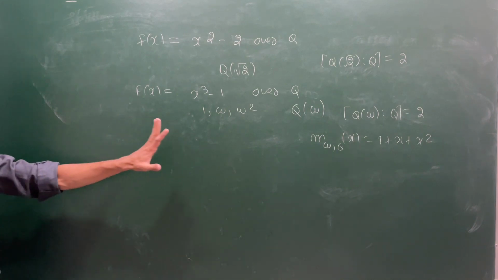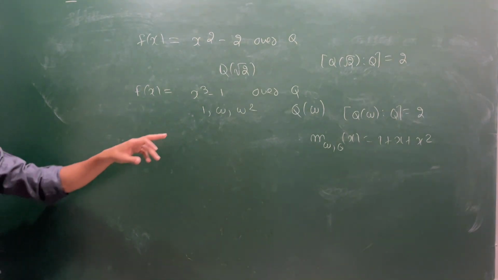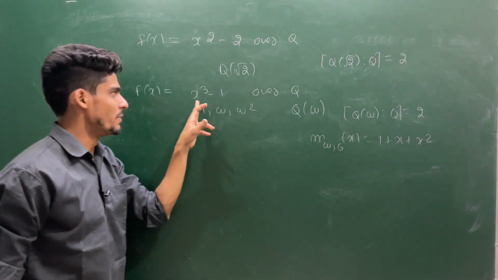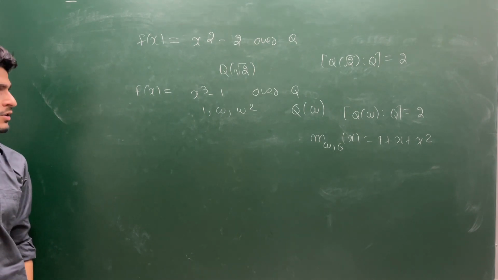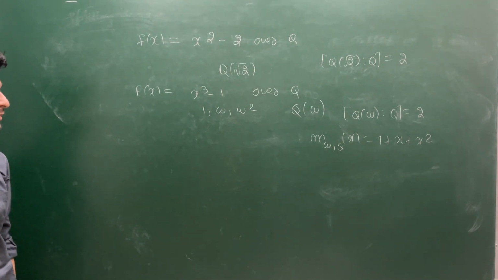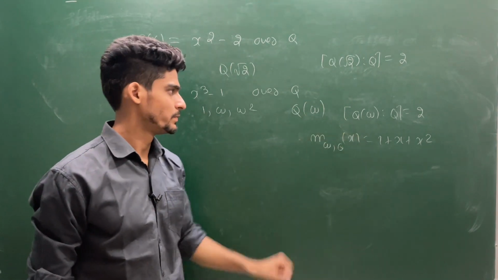So this is in general not true. I can give you some more examples, or you can construct some more examples where your degree of extension will be bigger than the degree of the polynomial. So that is also possible.